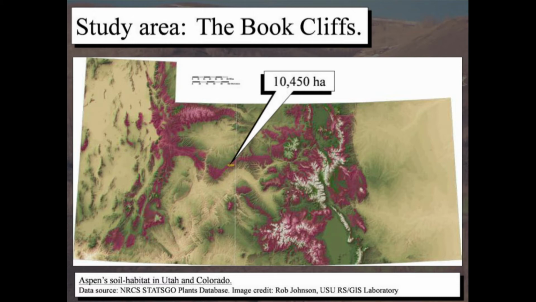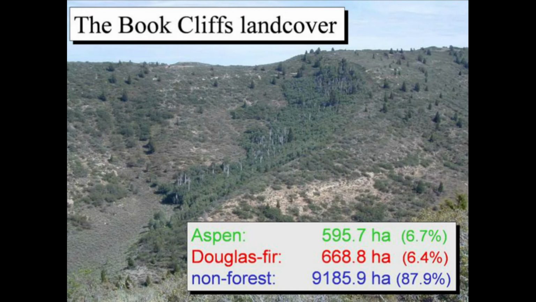This Tavaputs Plateau Book Cliffs area is really the only biogeographic link between the Uinta Mountains, or the Utah Rocky Mountains, and these larger Colorado Rocky Mountains. So if we're looking for things like biodiversity over long timescales, they're going to be migrating between these areas. This is a pinch point in that ecological network. It's 10,450 hectares that look something like this.